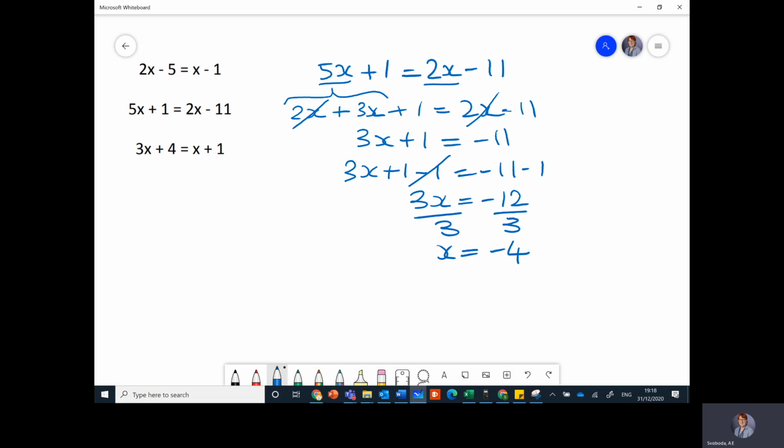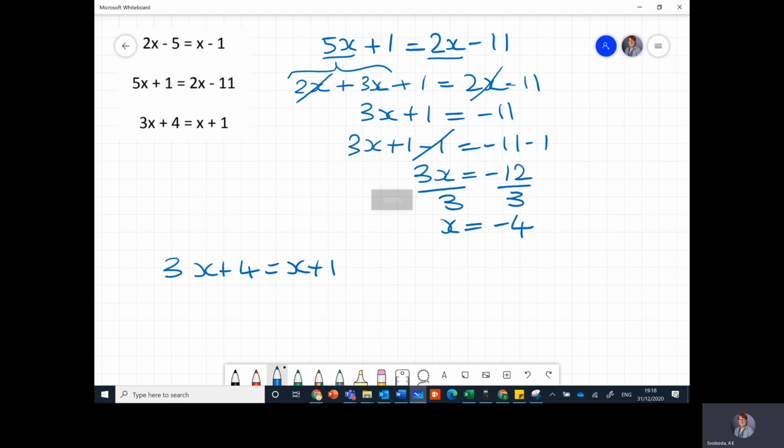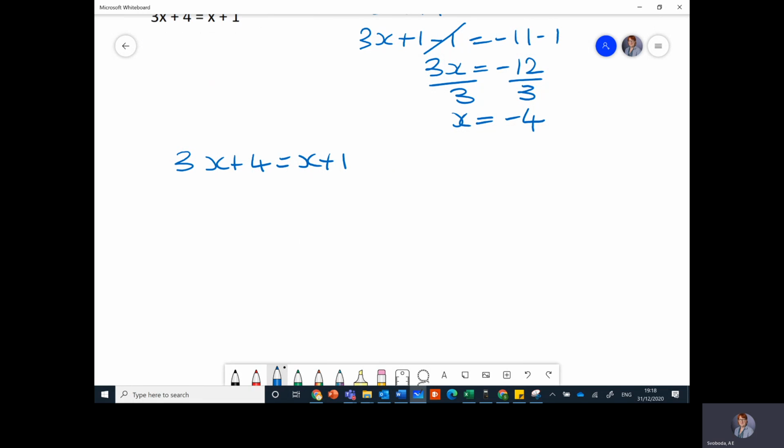Okay, let's look at another one. So we're going to write the larger amount of x, 3x, as the smaller amount of x, x, plus whatever else is needed. So in this case, to make 3x, we need to add 2x. The rest of the equation stays the same.